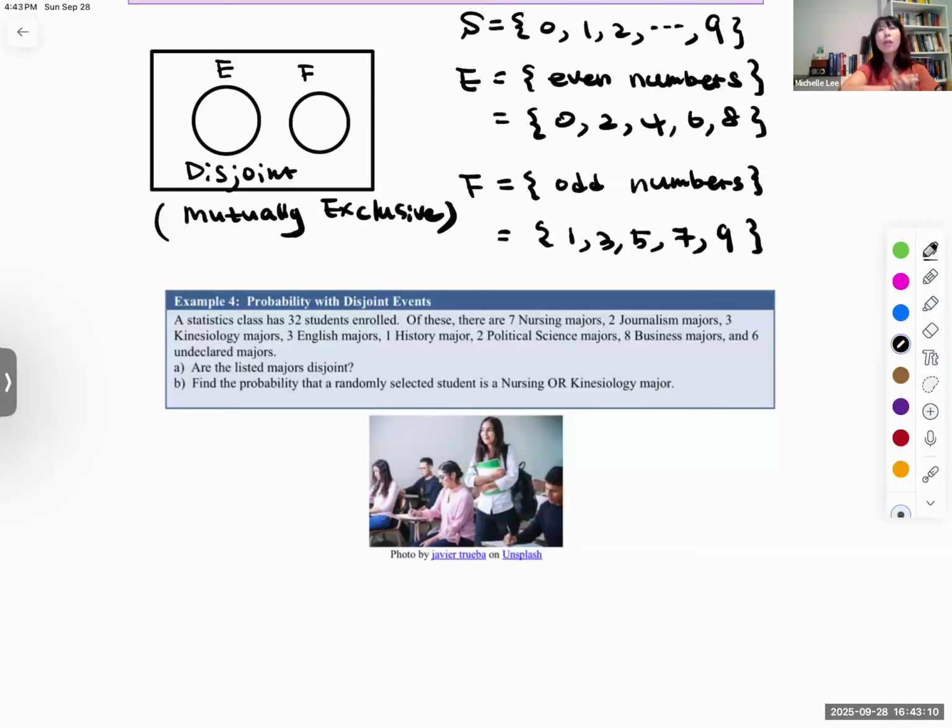Now we have disjoint event probability. A statistics class has 32 students enrolled. This is the same as what we did earlier, right? 7 nursing majors, 2 journalism, and so on. The first question: are the majors disjoint?